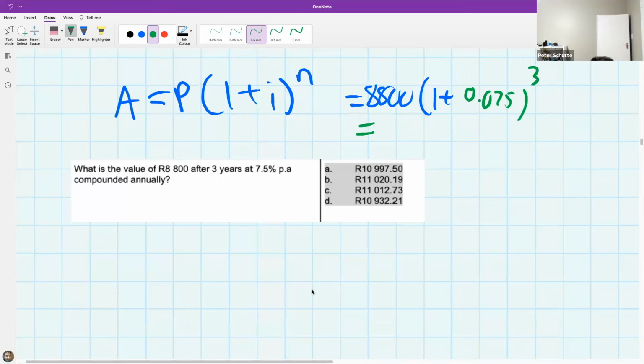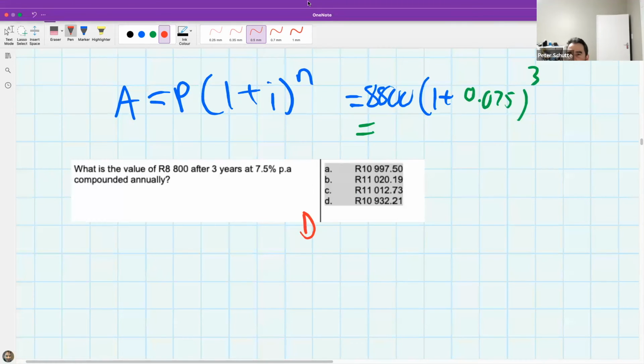So times 1 plus 0.075, close brackets, to the power of 3, 10,932. So the correct answer would be D. So D is the correct answer. Okay, so that is all good.